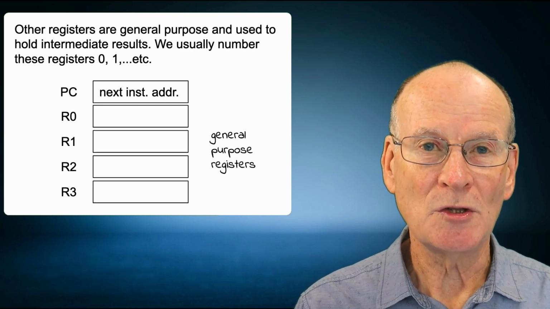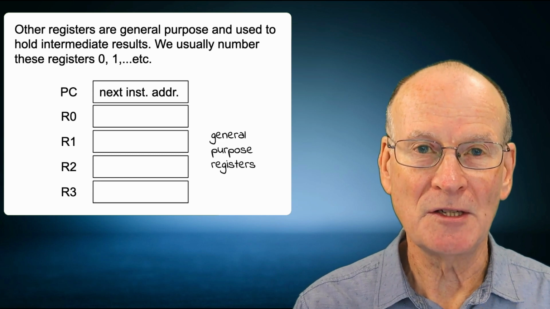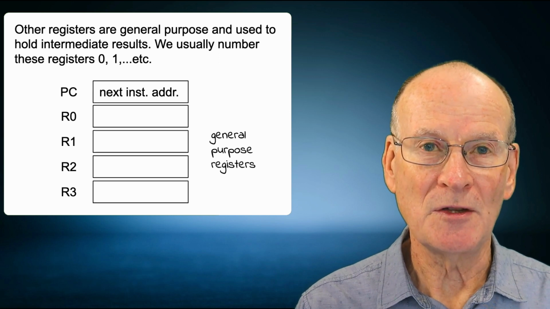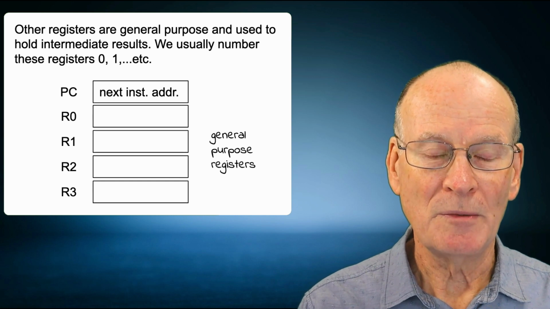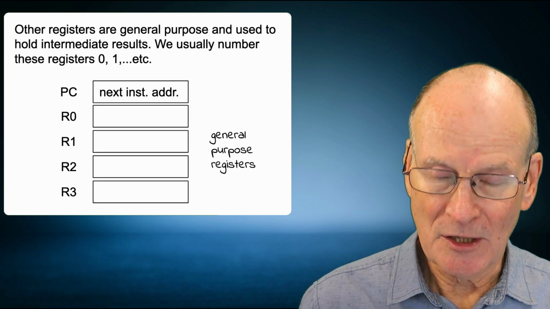The PC is usually a special register. It's made out of the same technology, and it's very fast and so on, but it normally doesn't fit into the list of general purpose registers. The general purpose registers are where we carry out arithmetic and logical operations and that type of thing.